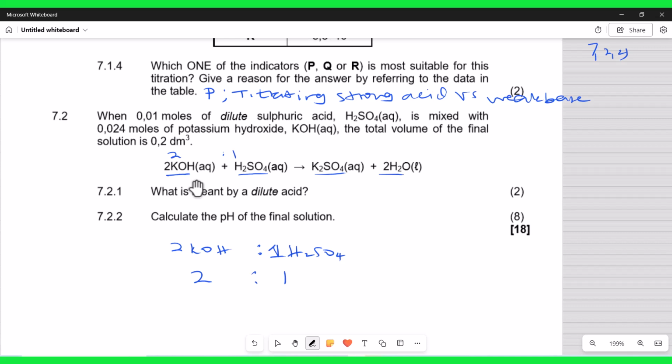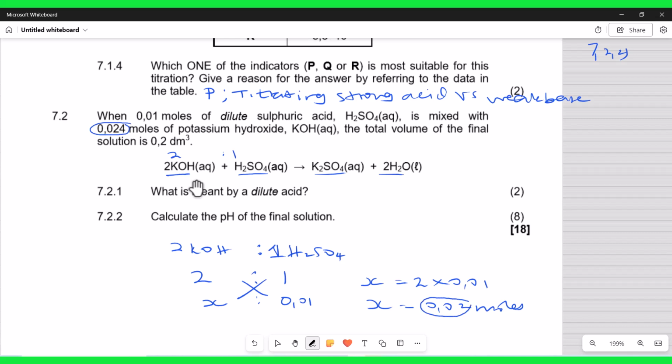If I want to find the moles I need for the potassium hydroxide, I can put X here. So I just cross multiply. X times 1 gives me X equals 2 multiplied by 0,01, which gives X equals 0,02 moles. So it means that out of the 0,024 moles of potassium hydroxide, I only need 0,02.